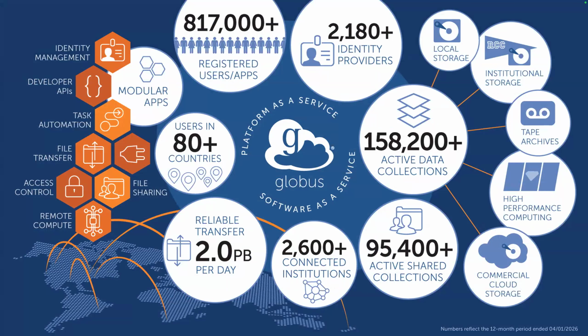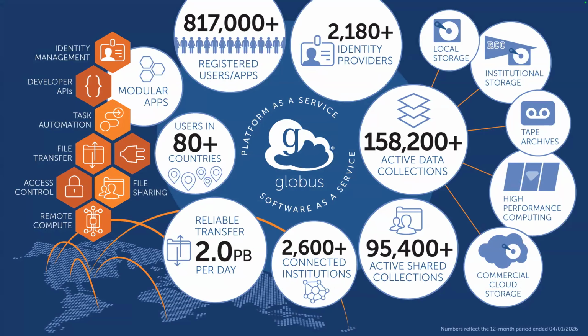So Globus is widely adopted, certainly at academic research institutions across the U.S., but not just the U.S., across the whole globe. We are also used at a variety of different types of research institutions. So I mentioned academic research institutions, but also our national labs use Globus.